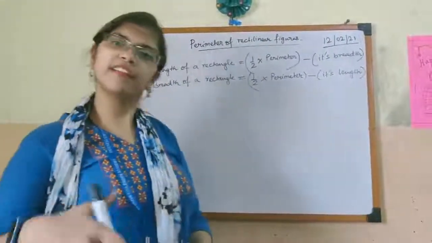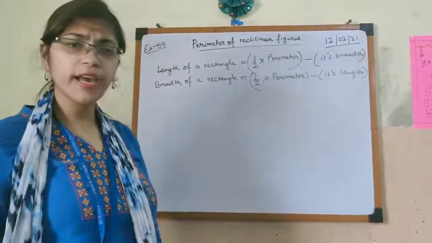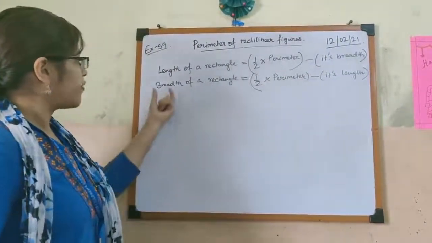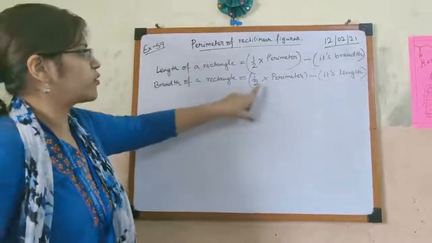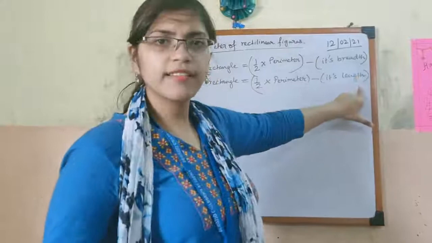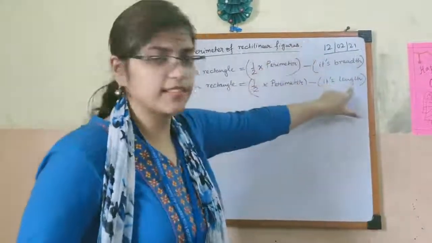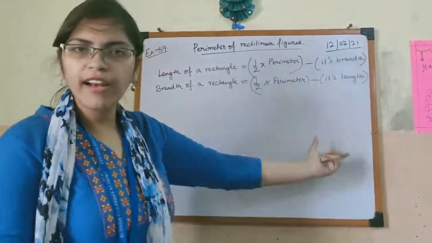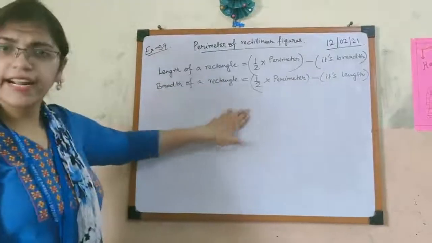So how? We will see that while doing the sums. And the next one: breadth of a rectangle is equal to half into perimeter minus its length. That means if the perimeter and length are both given, we can find out the breadth of a rectangle.